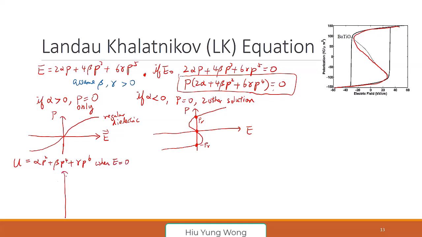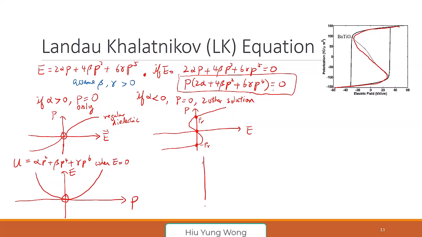At E equal to 0 point, if alpha is positive, you basically only have this solution, this well, as a function of P, right? Because alpha is positive, beta, gamma are positive. Then you change P, you only have a well like this. So it's only possible for you to stay at P equal to 0.